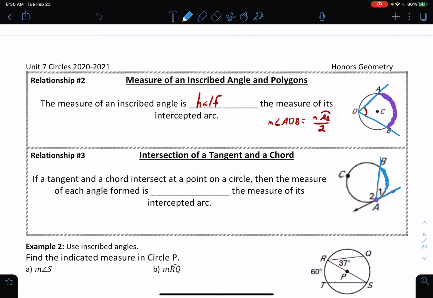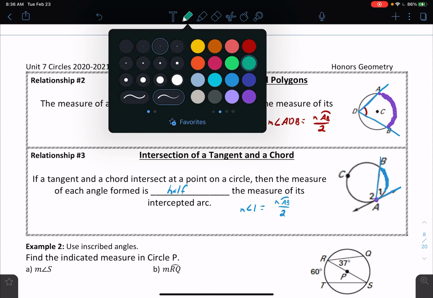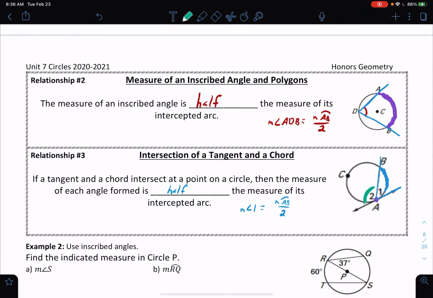So the relationship is still half the intercepted arc: the measure of angle 1 is half the measure of arc AB. Same thing with angle 2. If I extend these segments out, it captures this major arc, so the measure of angle 2 equals the measure of arc BCA divided by 2, half that major arc.